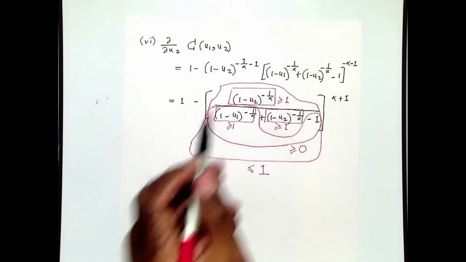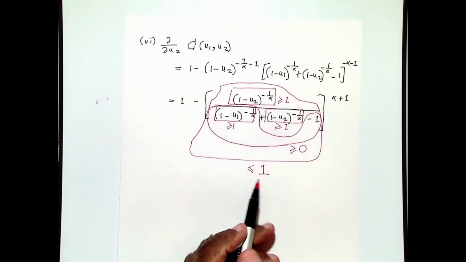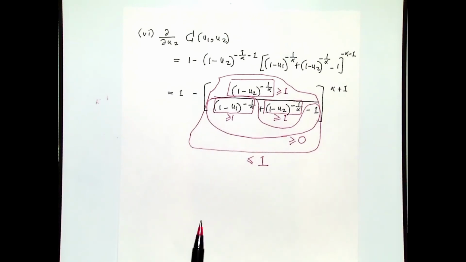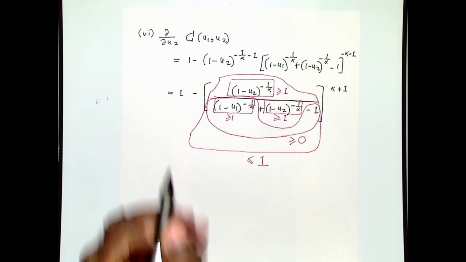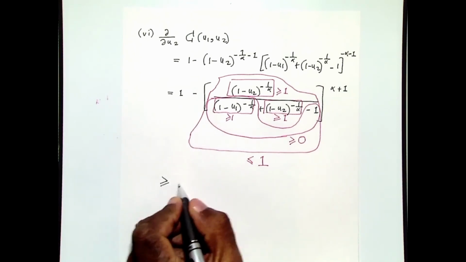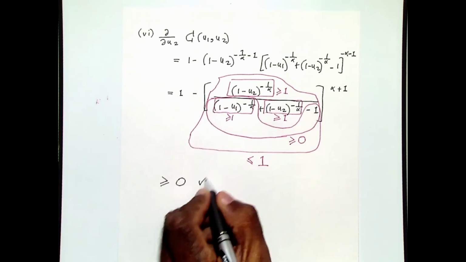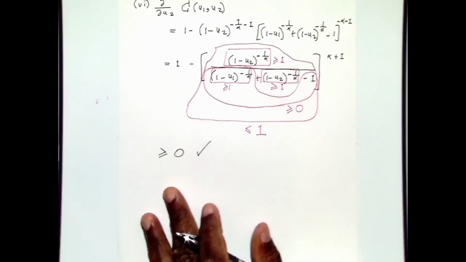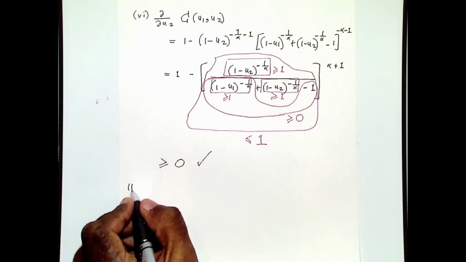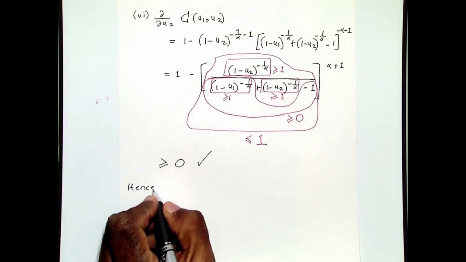So this whole fraction has to be less than or equal to 1, and to the power alpha plus 1 also has to be less than or equal to 1. Hence, 1 minus that fraction has to be greater than or equal to 0. So hence condition 6 is satisfied.